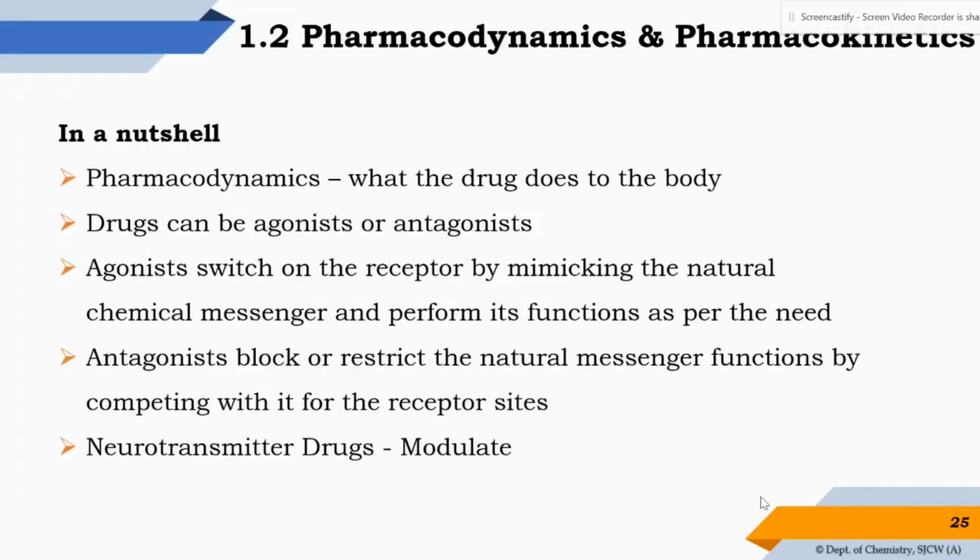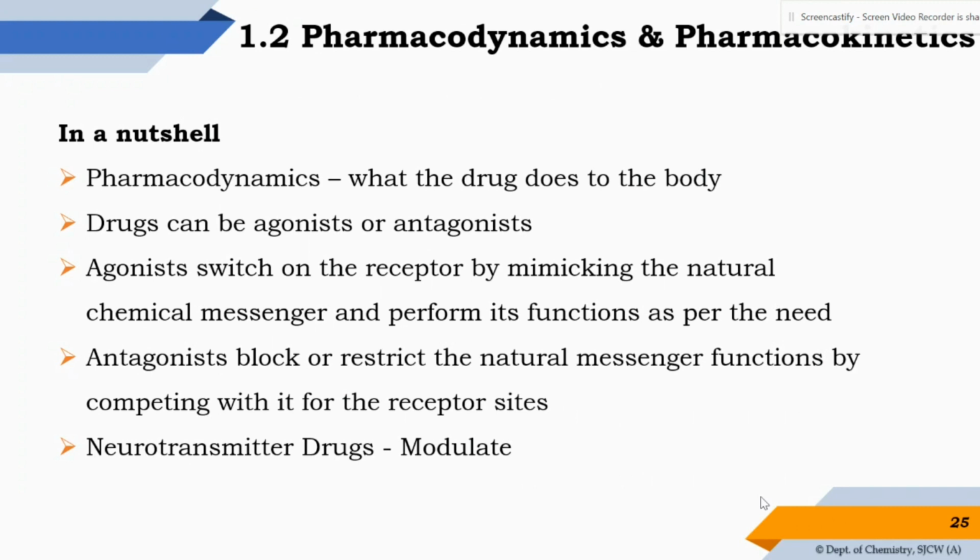In a nutshell, we have seen in the pharmacodynamics and pharmacokinetics chapter that pharmacodynamics is the study of what the drug does to the body, how drugs can behave as agonists or antagonists.